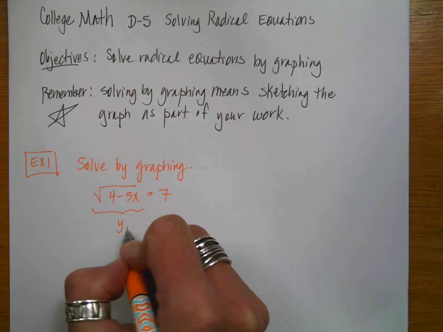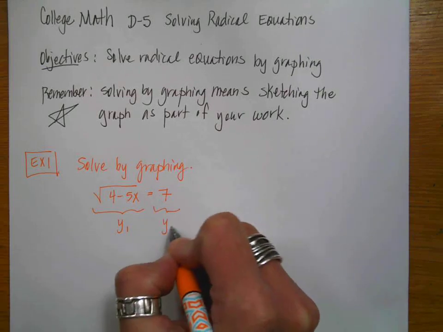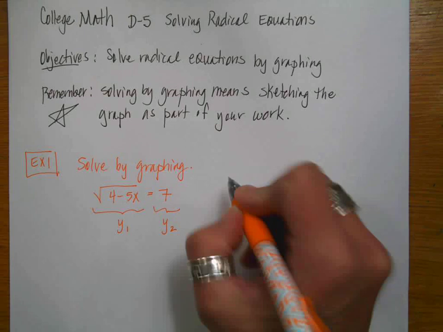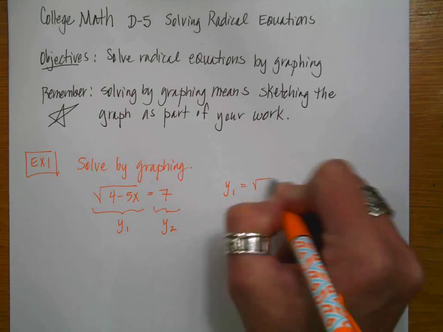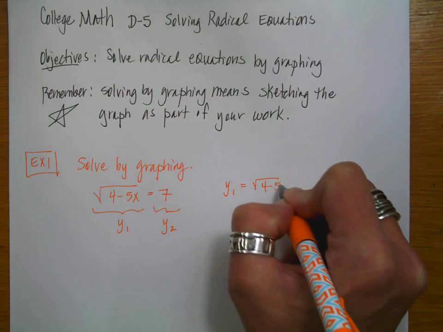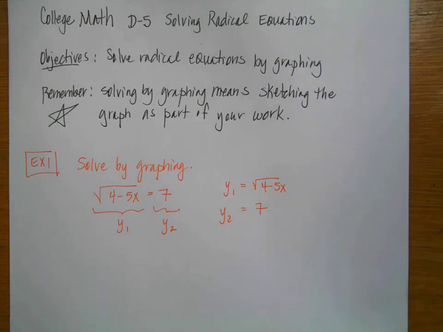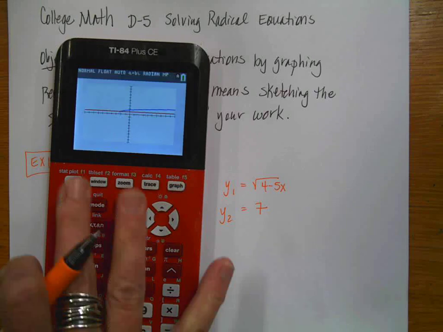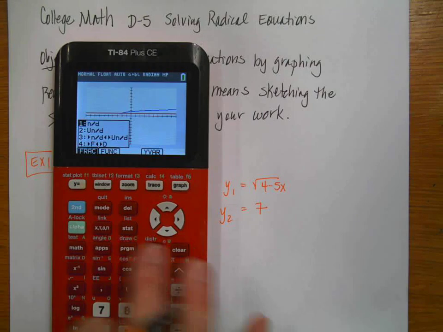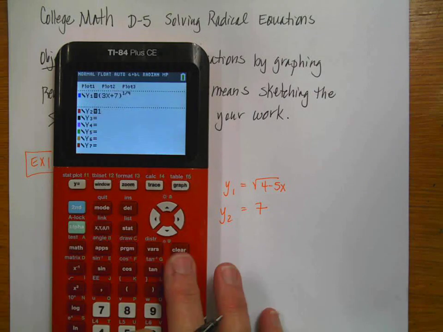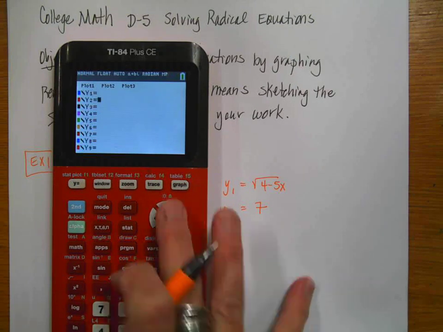So I'm going to make this be y1, and I'm going to make this be y2. In my calculator, I would enter the square root of 4 minus 5x, and I would enter the horizontal line, y is equal to 7. So I bring in my grapher, go to y equals, and clear what's there.